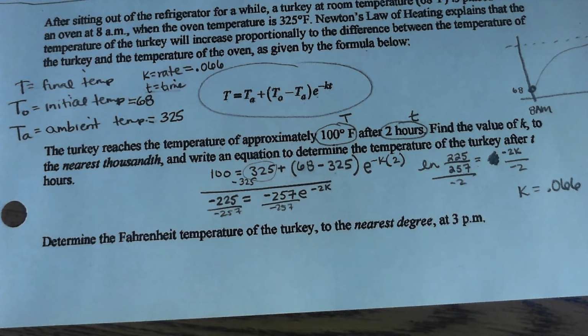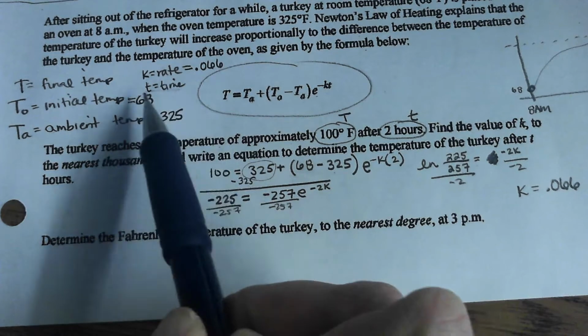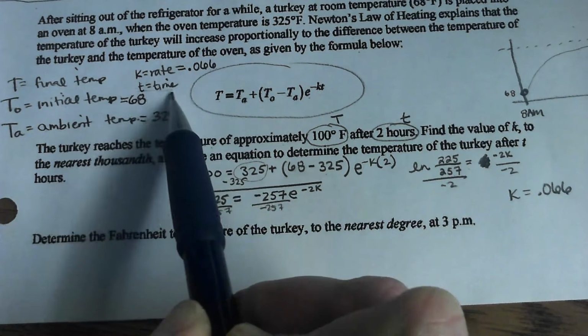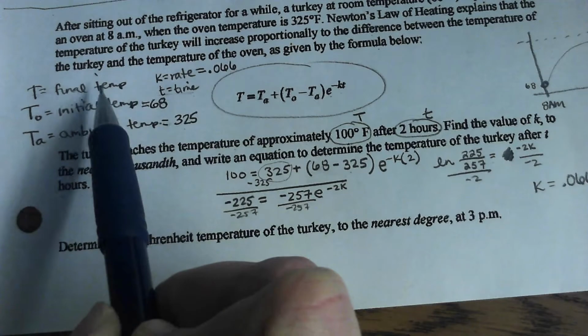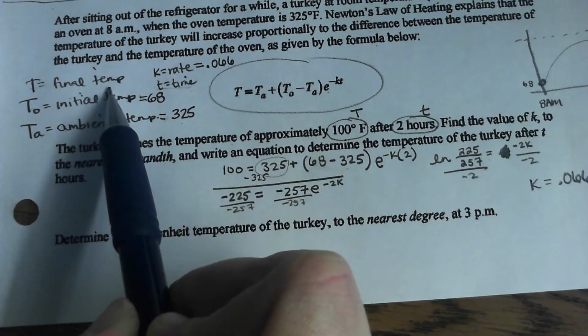Now that I have that constant rate, I can use this to figure out the temperature of the turkey after 5 hours, 7 hours. When will the turkey reach 300 degrees? I could be asked this in any given way, but these three numbers are the same throughout the entire problem. The only things that can change are the amount of time the turkey's in the oven and what final temperature the turkey actually gets to. Does that make sense?